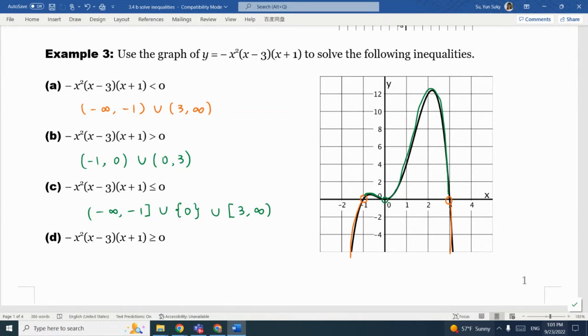Okay, part D. Greater than or equal to 0. So, which is the green piece, but we also include the endpoint. Right, everybody? So, then what do we say? Negative 1 to... Because we include the endpoint, we actually include the 0.